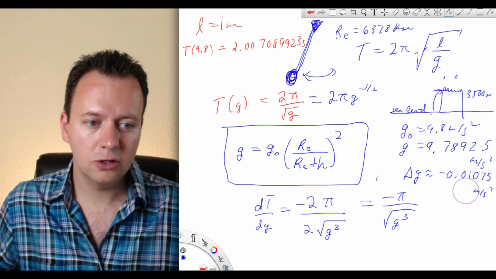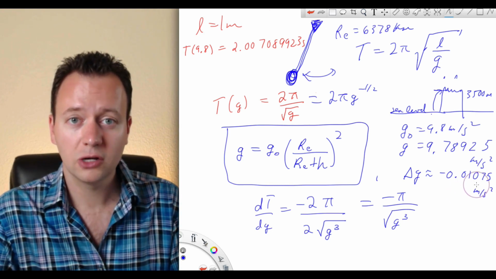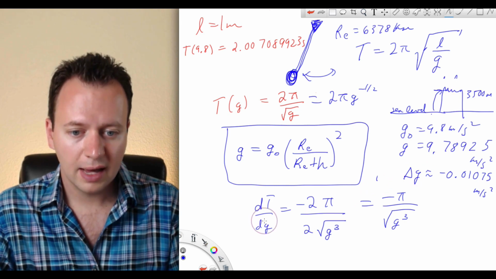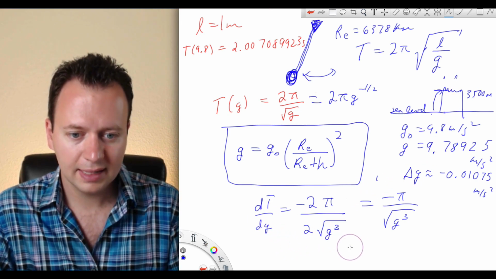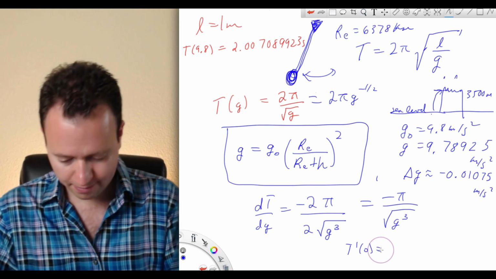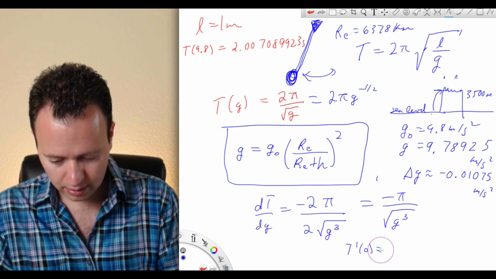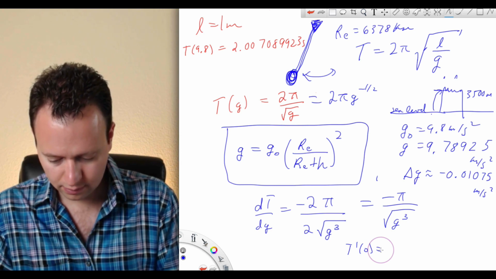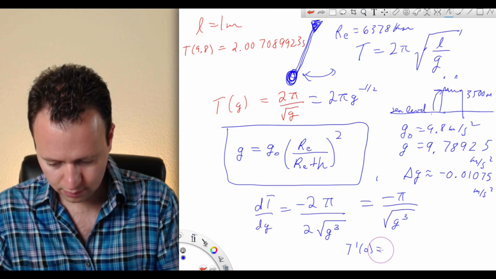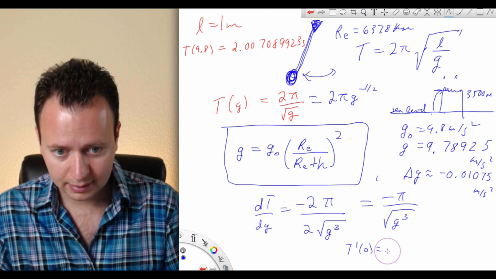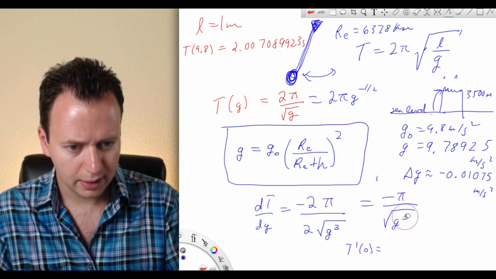So that's the change in the gravitational acceleration between sea level and an altitude of 3,500 meters. Now dT/dg at sea level, so T prime at 9.8, is going to be minus pi divided by 9.8 to the 3 halves.